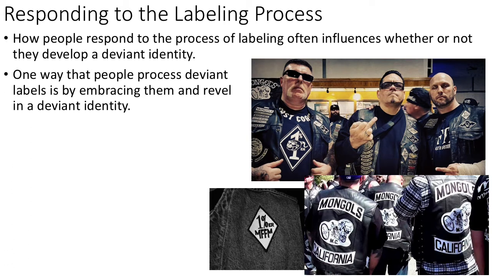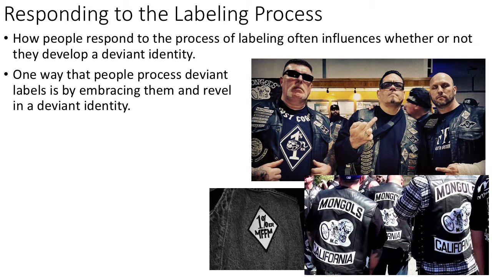We'll talk about that. So Henslin and others say that one way that people process deviant labels is to actually embrace them and to revel in a deviant identity. A really good example of that would be outlaw bikers.